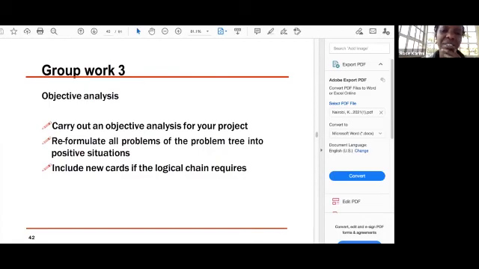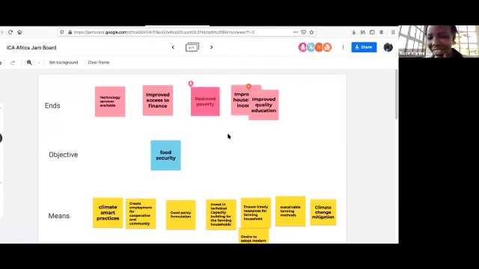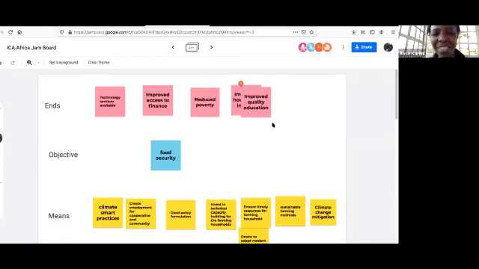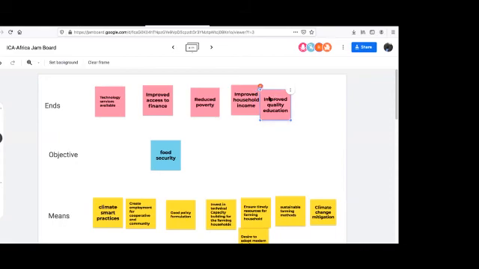So where is this now? Improving. Where are we? Can you improve that? Improve access? Yes, access to quality education.